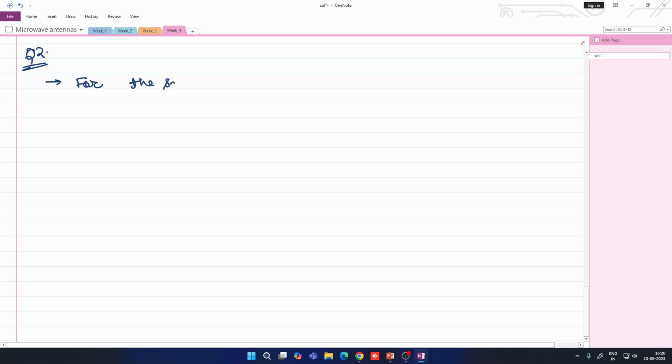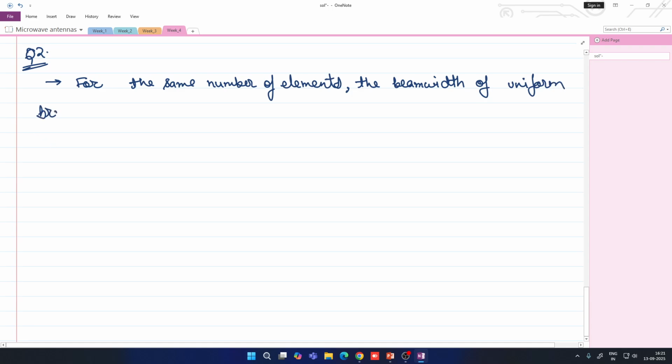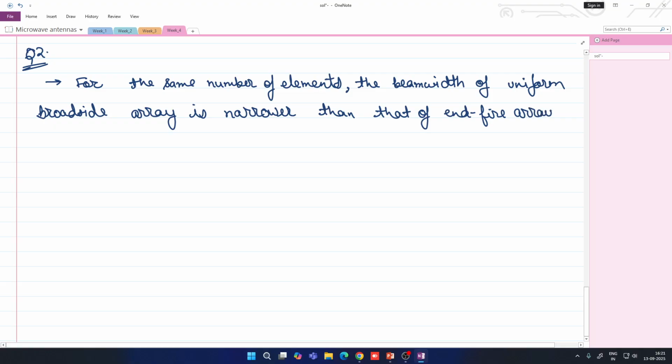Because for the same number of elements, the beam width of a uniform broadside array is narrower than that of an endfire array.